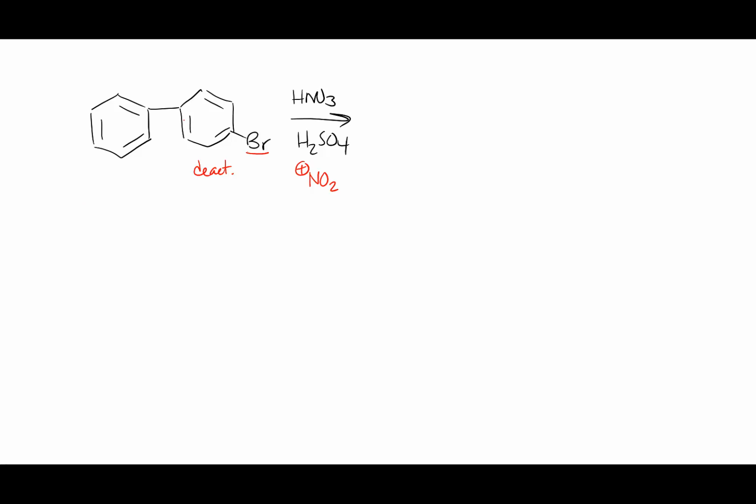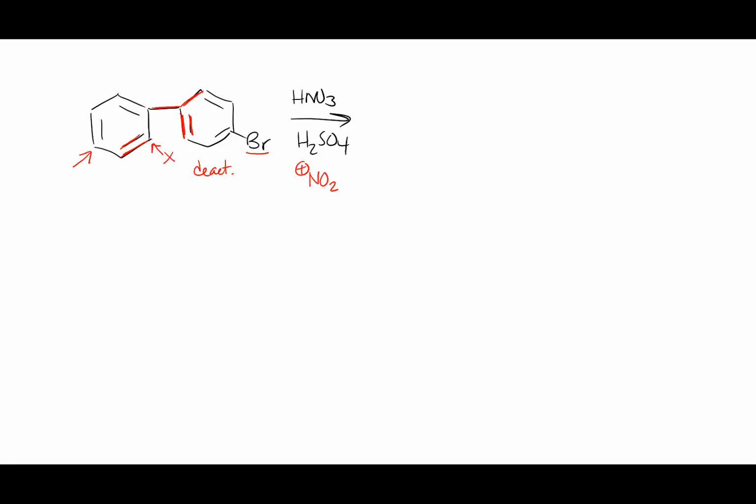Now, this ring has another ring attached to it. What is a benzene ring? It's an activating group relative to this ring right here. So it's going to direct to the ortho and the para positions. Now, we can invoke sterics here to say, you know what?